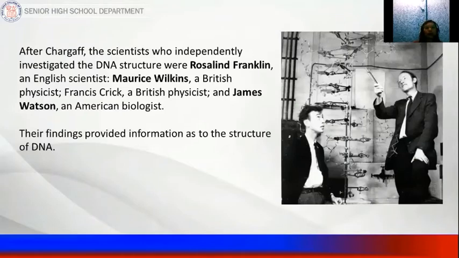Okay, after Chargaff, the scientists who independently investigated the DNA structure were Rosalind Franklin, an English scientist, Maurice Wilkins, a British physicist, Francis Crick, a British physicist, and James Watson, an American biologist. So their findings provided information on the structure of DNA.